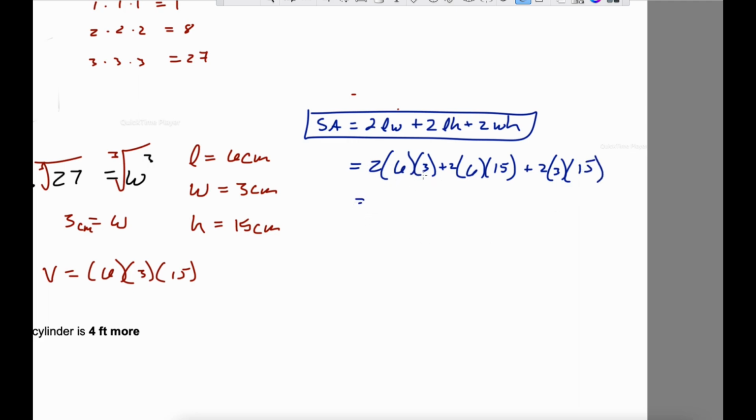Okay, why don't we just do this? So 2 times 6 is 12, times 3, that's 36. Let's see, 2 times 15 is 30, times 6 is 180. And then we've got 3 times 15 is 45, times 2 is 90.